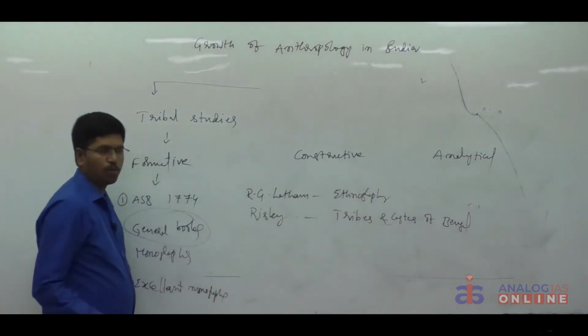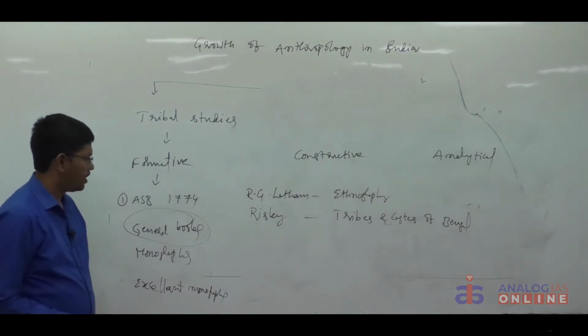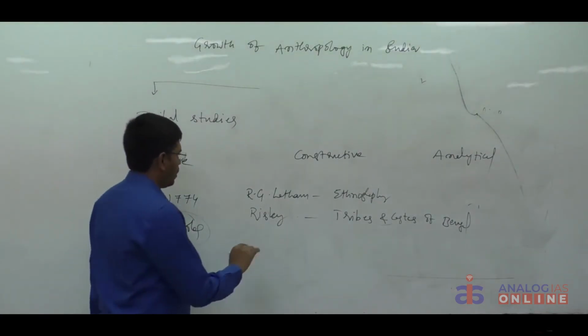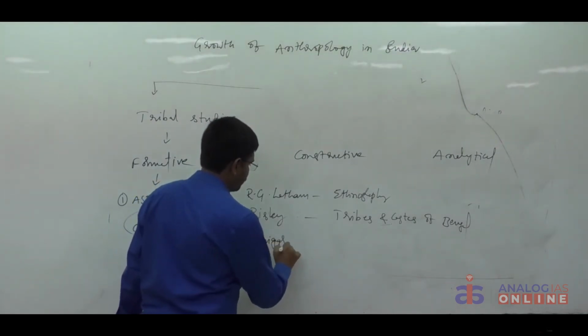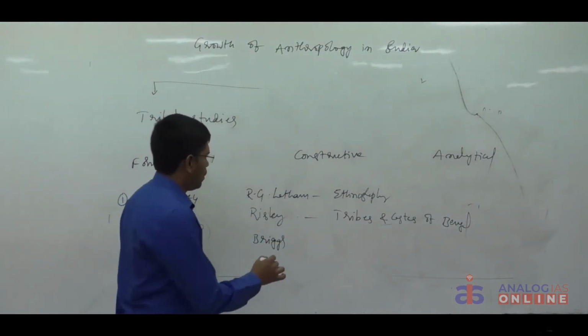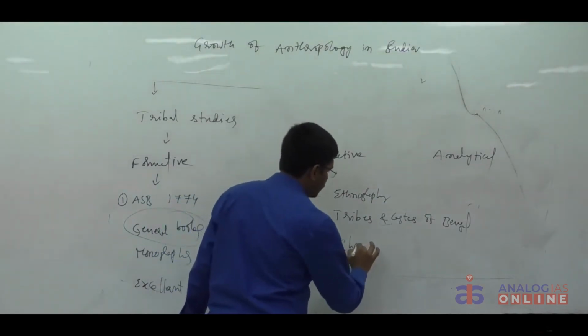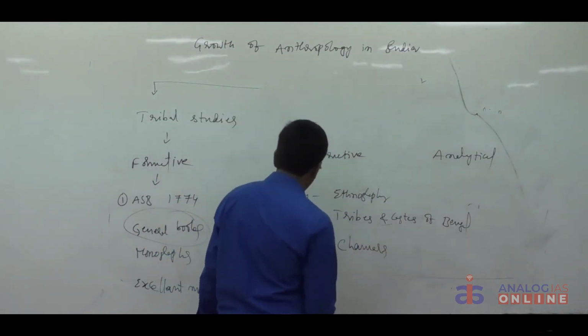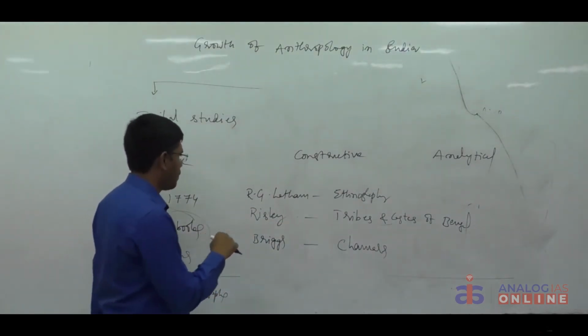With respect to monographs, there are many anthropologists. I will give you a detailed account. There is one anthropologist by name Briggs. He studied a tribe by name Chamars. Briggs wrote a detailed account or monograph on Chamars.